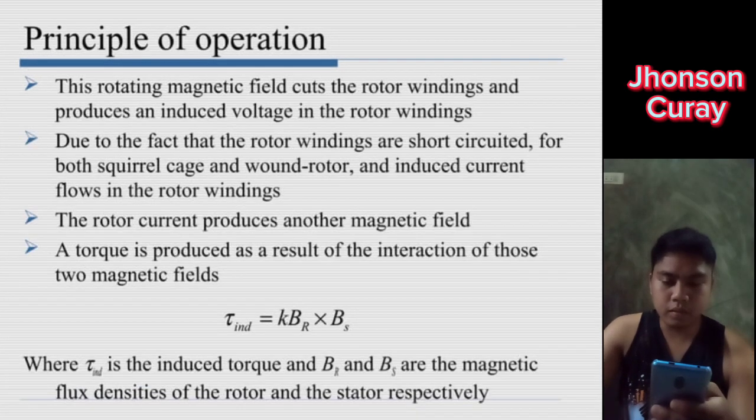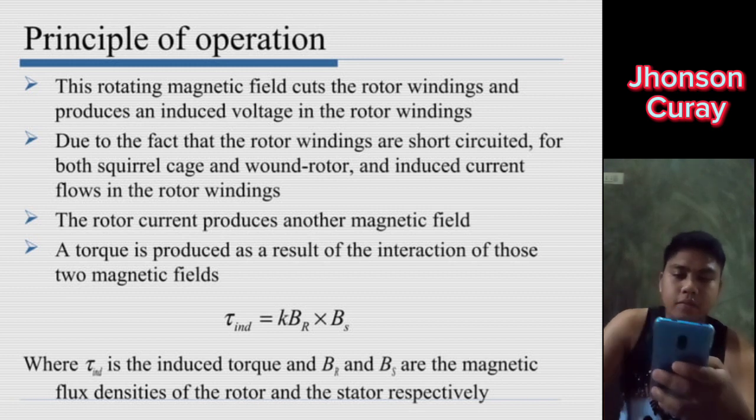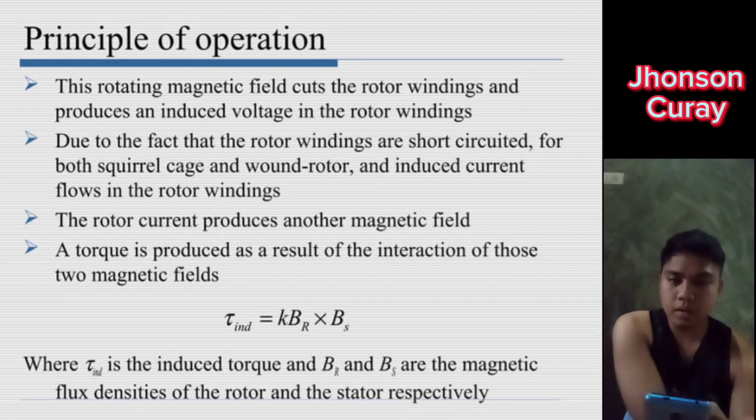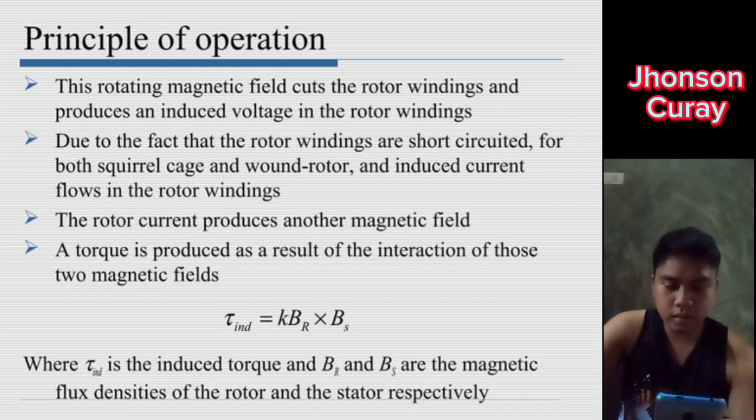Principles of operation. This rotating magnetic field cuts the rotor windings and produces an induced voltage in the rotor windings. Due to the fact that the rotor windings are short-circuited, for both squirrel cage and wound rotor, an induced current flows in the rotor windings. The rotor current produces another magnetic field.